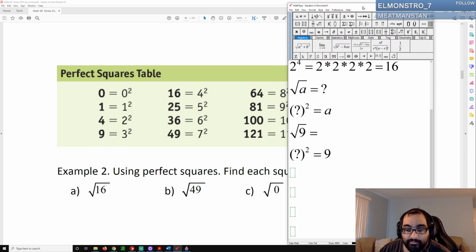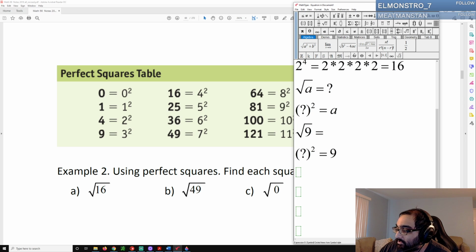Okay, so what do we get here in this case? So the square root of 9 would be what? What do we get here?